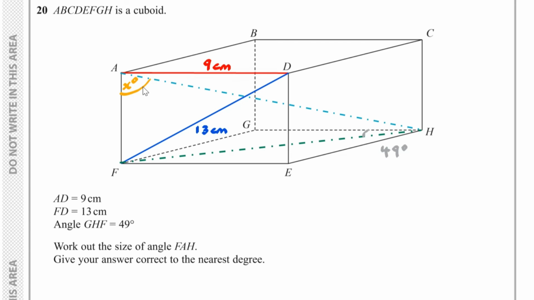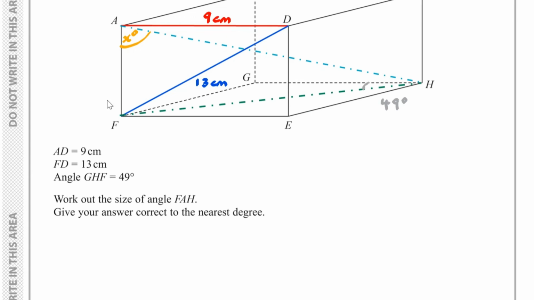So what we can do to begin with is find out what AF is using Pythagoras. So if we were to find out what AF is, well, we have the hypotenuse 13. We square this. We then subtract 9 squared. And then we square root.